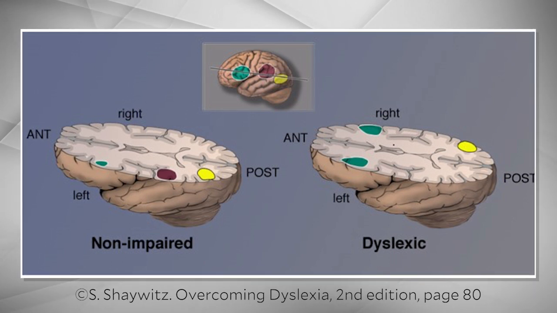So you get partial compensation for accuracy, but not for automaticity. In the dyslexic brain, reading is not automatic. It's effortful. And even with extra time, that individual will feel rushed. And this is, if you want to look at Overcoming Dyslexia, 2nd edition, on page 80.